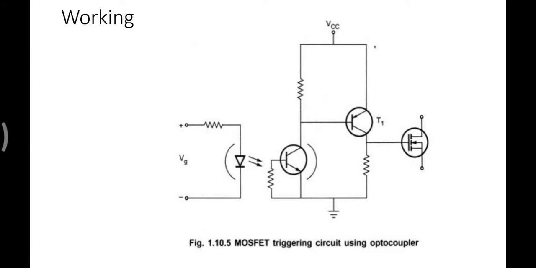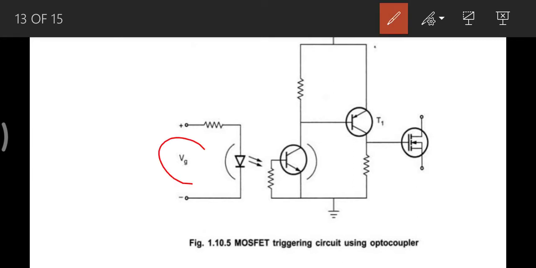The LED produces infrared rays that fall on the photo transistor, and when this light falls on it, the transistor starts conducting.